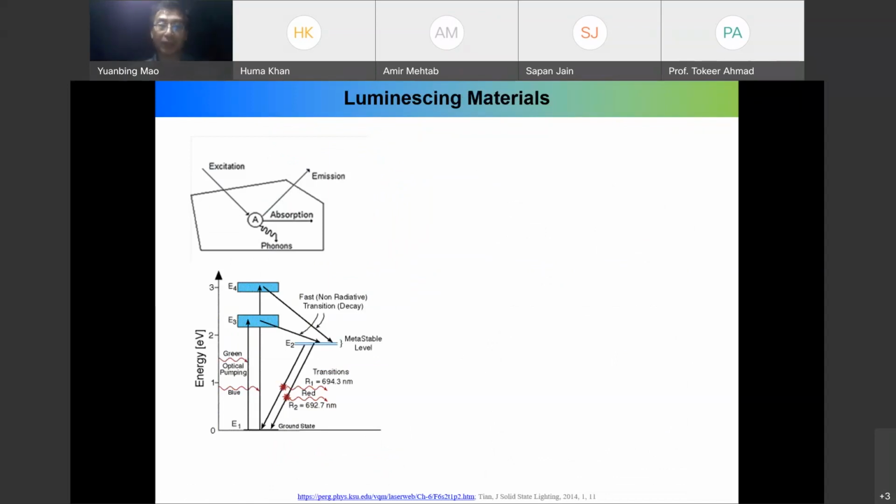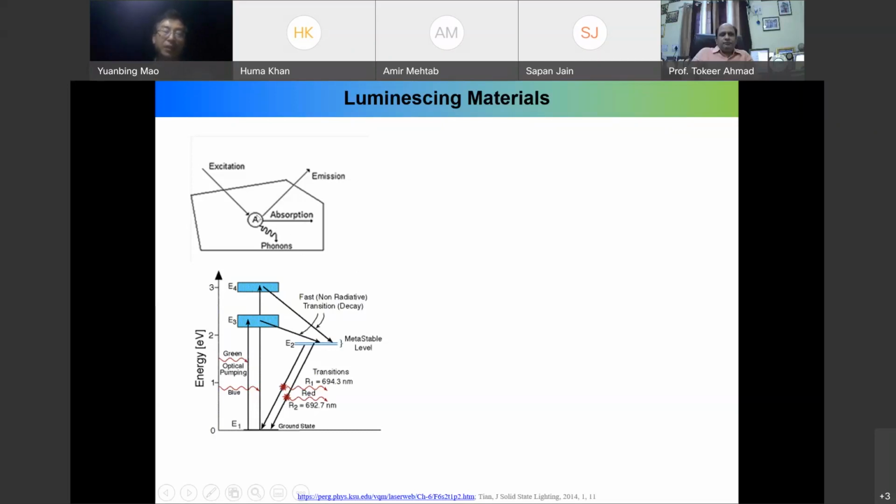Then, in terms of luminescence, a lot of times we have excitation, and then it will be absorbed and give emission, and also photons that give us heat. This A actually represents the activators.